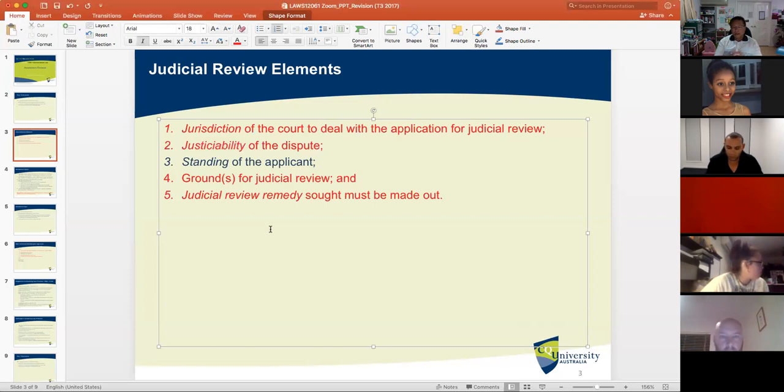So that's a similar power of judicial review, but this time pertaining to the Federal Court of Australia. But again, the problem there is it's limited to the writs of mandamus, prohibition, and injunction. And again, that one arises when the decision is not made under an enactment. Because otherwise, if the decision is made under an enactment, go for the ADJR Act. Clear?